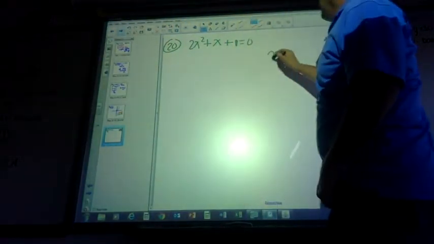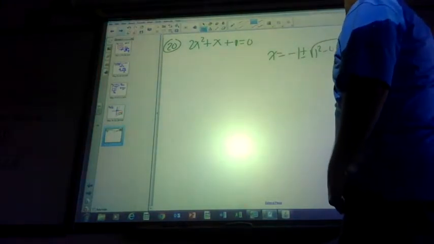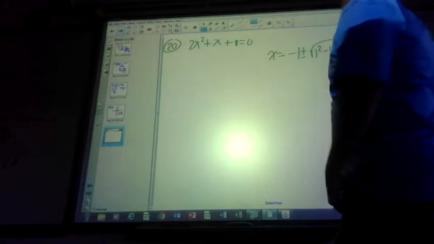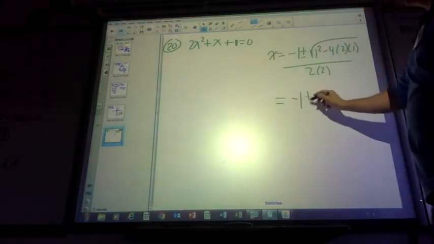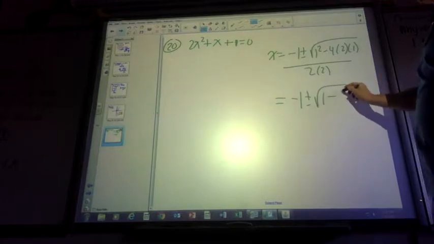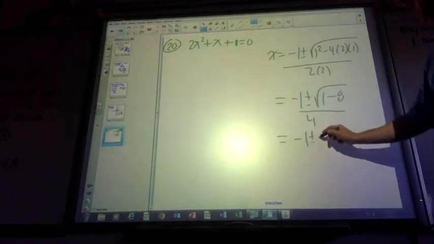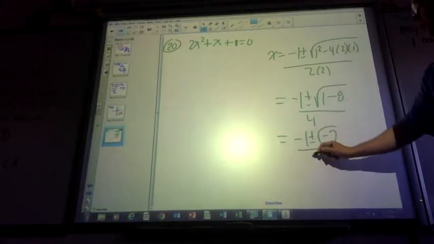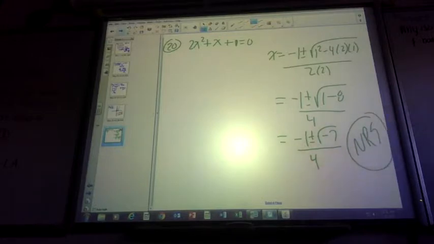Now I have to go x is equal to negative b plus or minus the square root of b squared minus 4ac all over 2a. And that's going to give me negative 1 plus or minus 1 minus 8 over 4. Negative 1 plus or minus root negative 7 over 4. What does this mean? No real solution. Come see me.